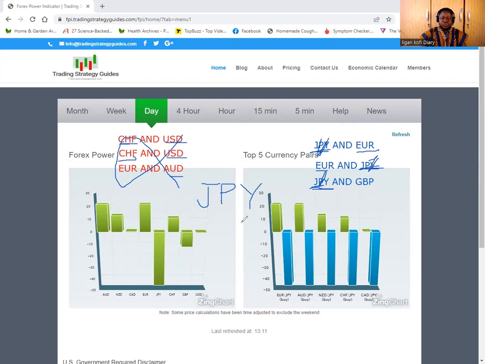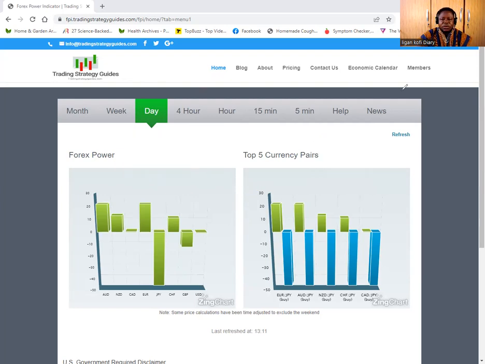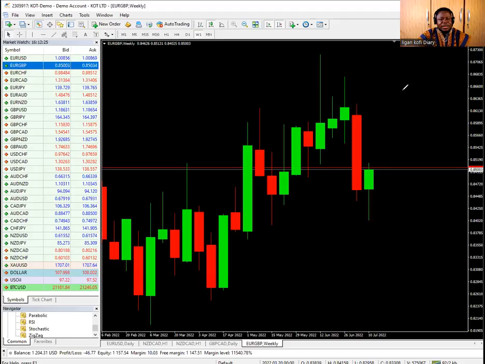And if this is true, then we have to go to the MT4 and do our analysis using JPY pairs. So going back to the MT4 now, we are looking at JPY pairs.